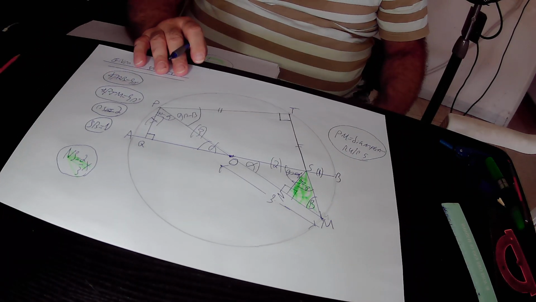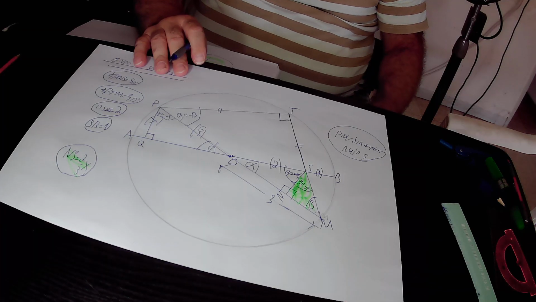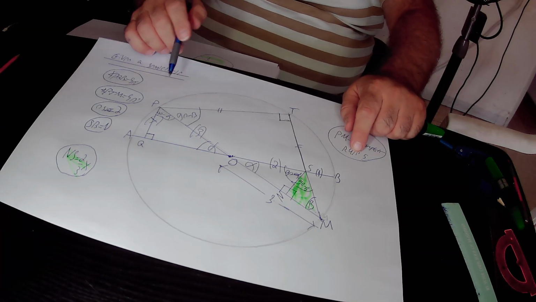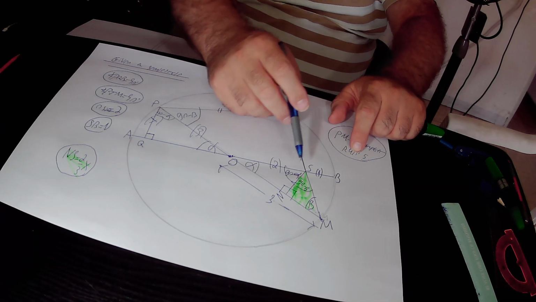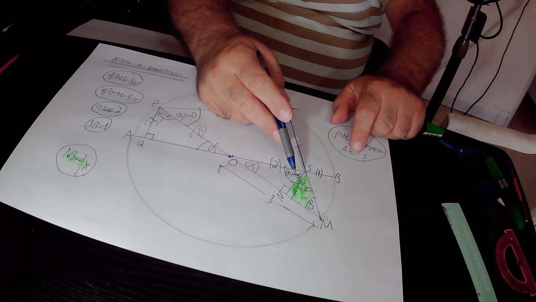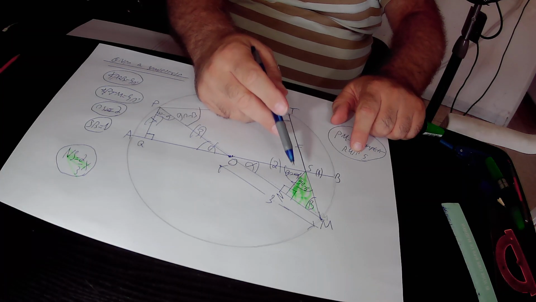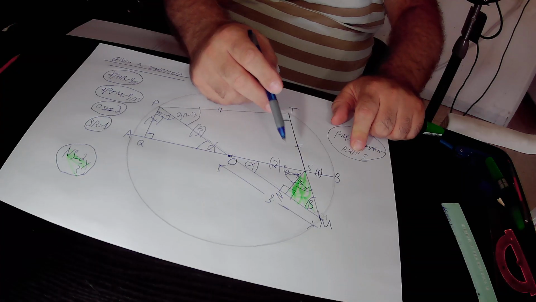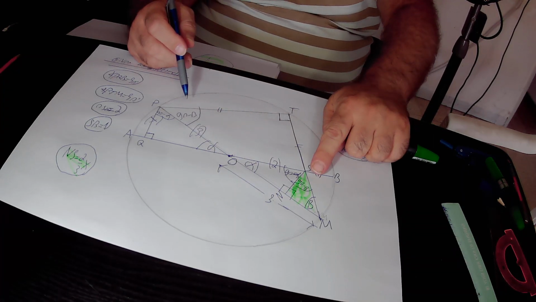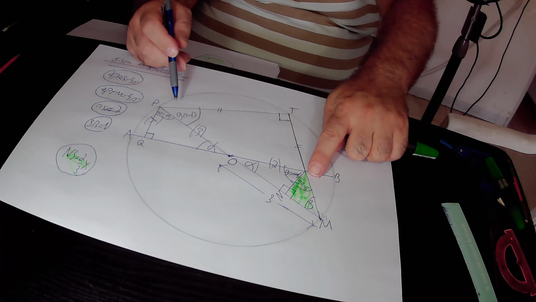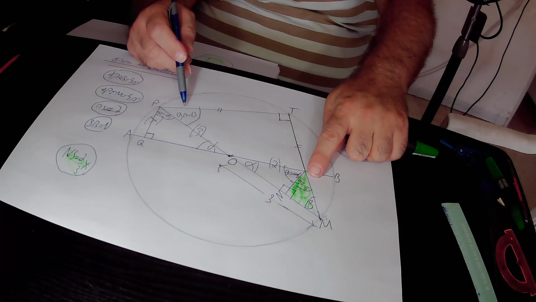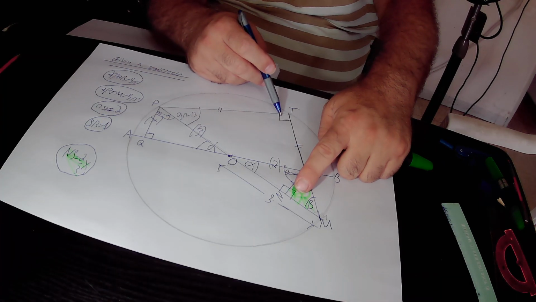As I mentioned before, angle beta belongs to the big right triangle PTM, and angle beta of course belongs to the small green triangle NSM. In addition, those two angles are both equal to 90 degrees minus beta, and therefore they are equal to each other. And finally, those two angles are both equal to 90 degrees, and therefore they are equal to each other.